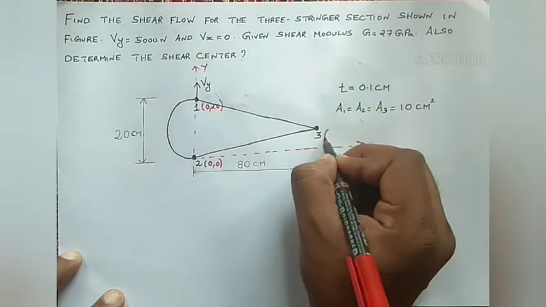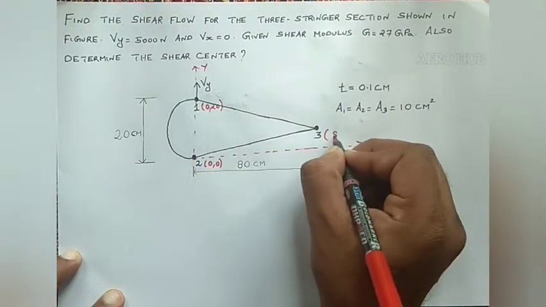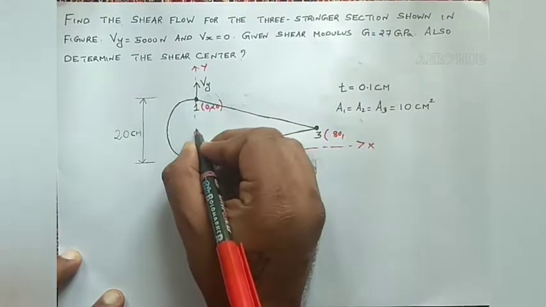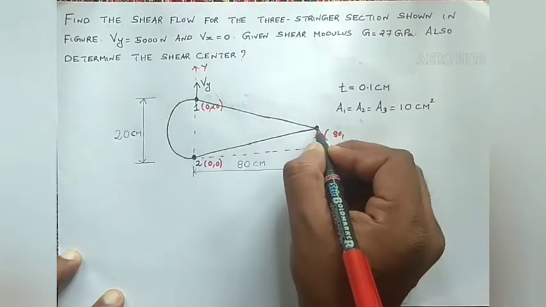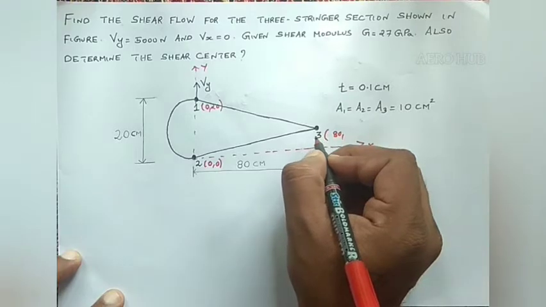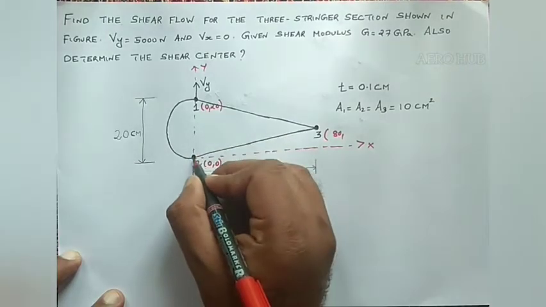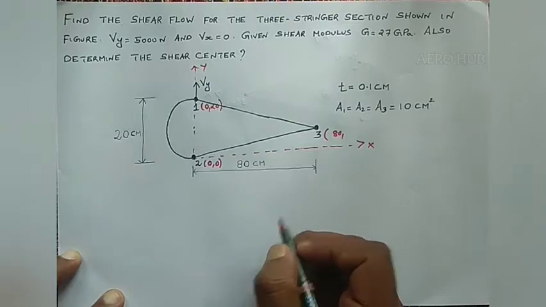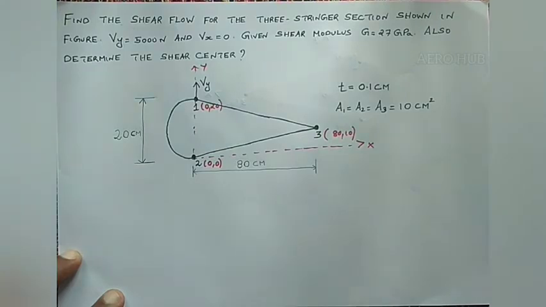And for point number 3, the x coordinate will be 80 and the y coordinate will be exactly 10. I am assuming it exactly 10 because we have a horizontal symmetry for the structure, and point 3 is exactly at the center of this section. So from the origin point to the center will be 10 centimeter because the total height is 20 centimeter. These are the coordinates for the boom areas 1, 2 and 3.